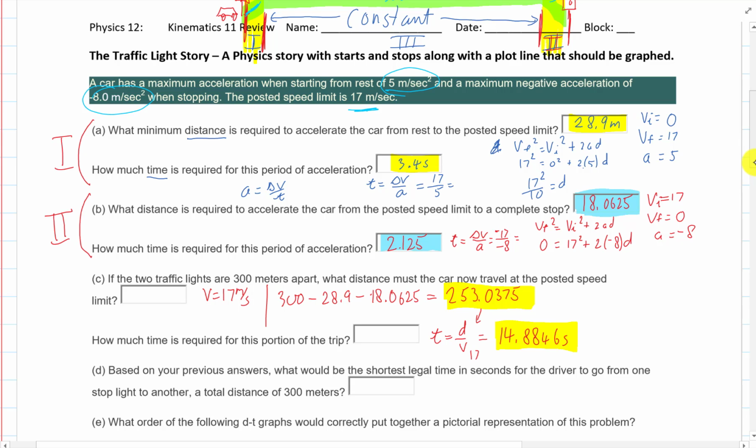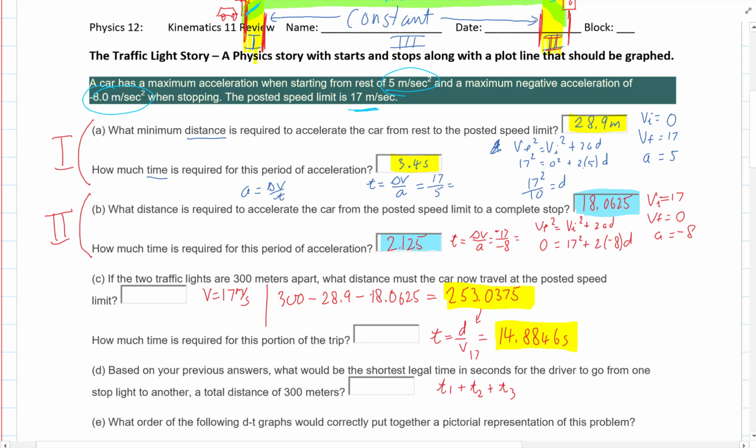Question D says, based on your previous answers, what would be the shortest legal time in seconds for the driver to go from one stoplight to another? So it's the time of section 1 plus the time of section 2 plus the time of section 3.